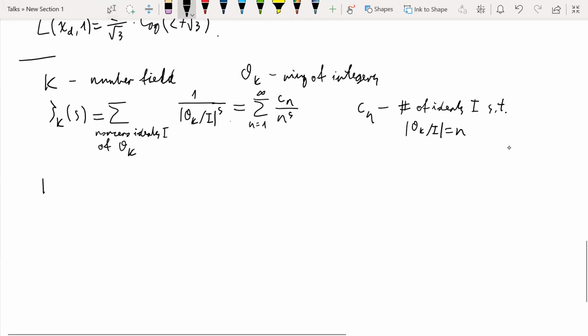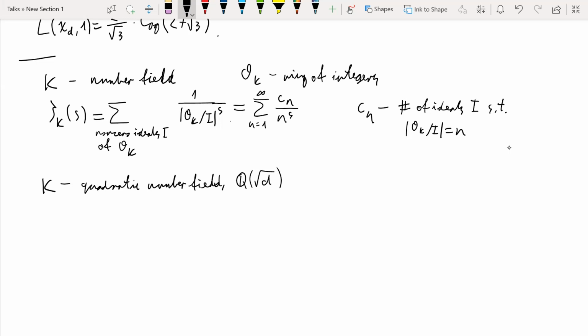All right. So when K is a quadratic number field of the form Q adjoint square root of some element, then we can show that this zeta K of s is going to be a product of the usual Riemann zeta function.